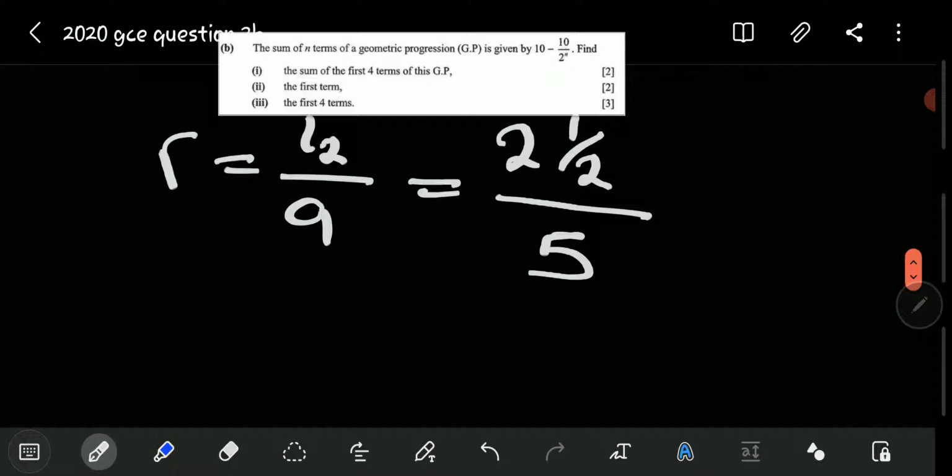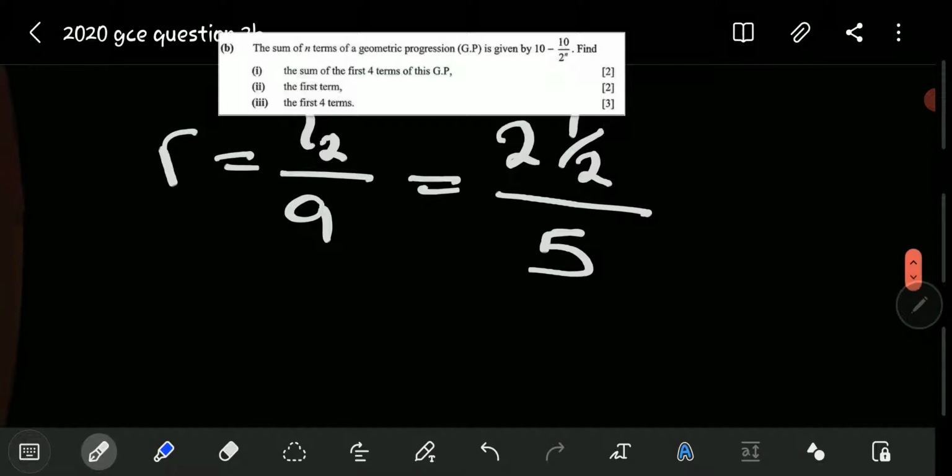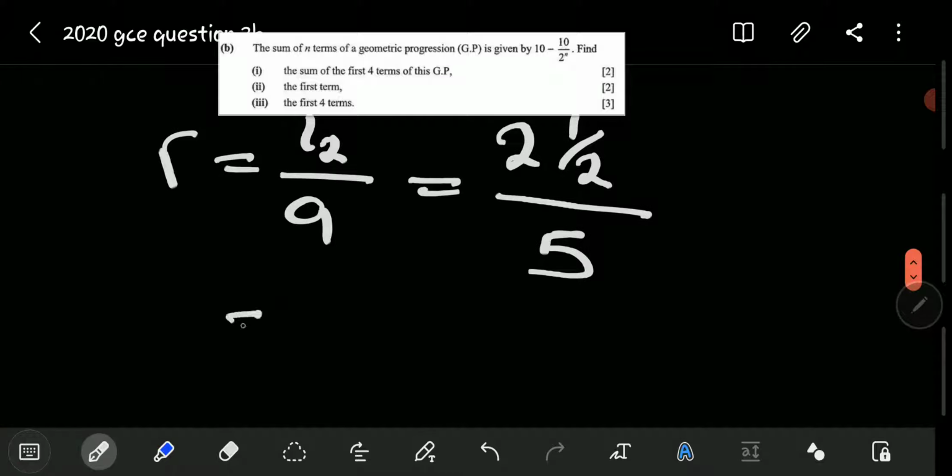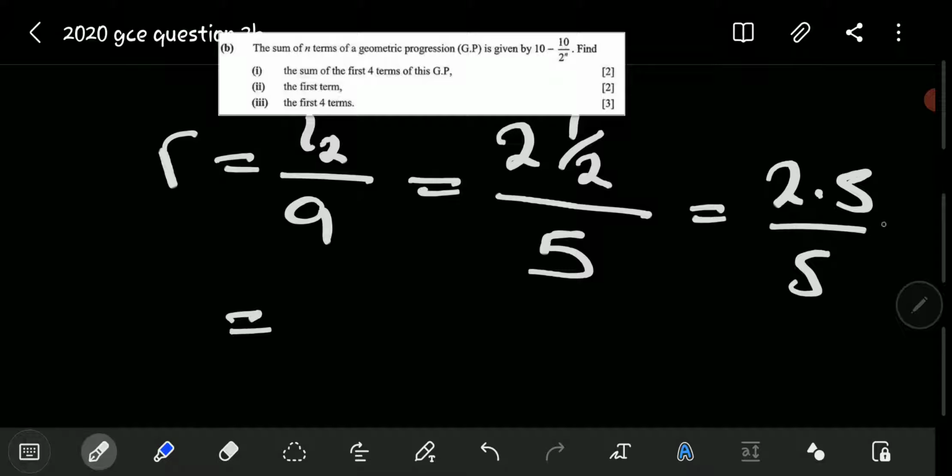So what we're going to have here is 2 1 over 2, which in decimal is just 2.5, over 5. 2.5 can go into 2.5 one time, then 2.5 can go into 5 two times.